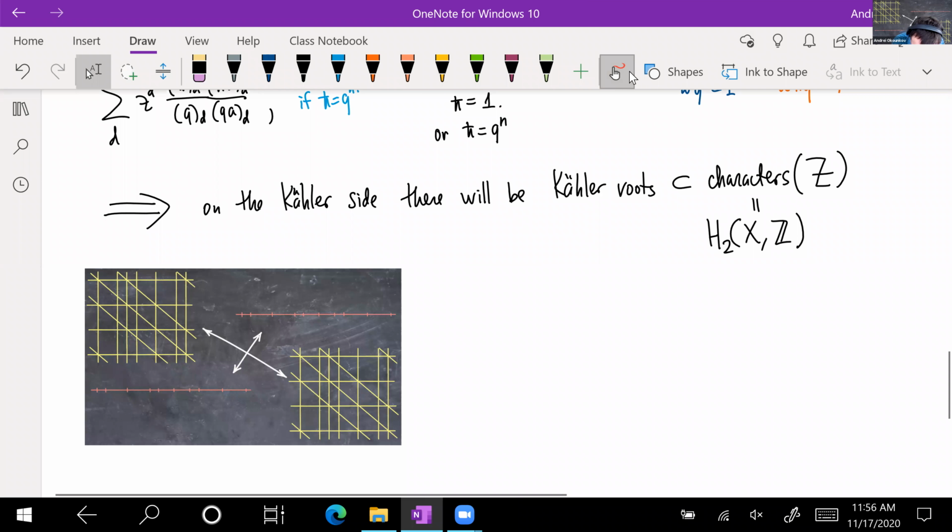These would be covariant roots for X, and these are the scalar roots for X. Then there is this remarkable symplectic duality that will exchange the equations.